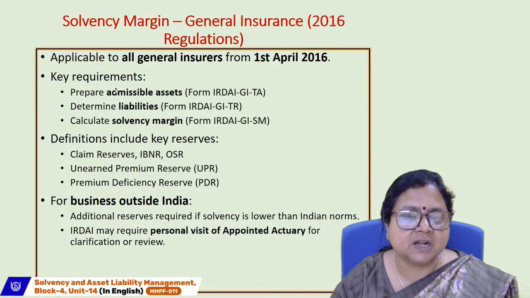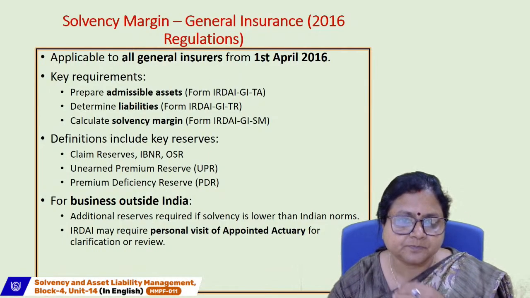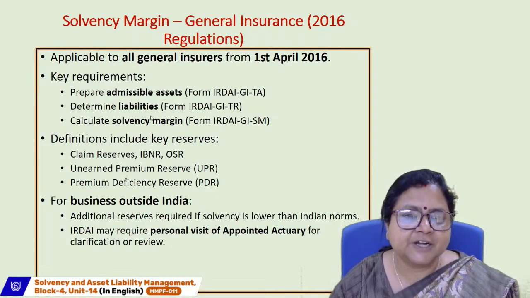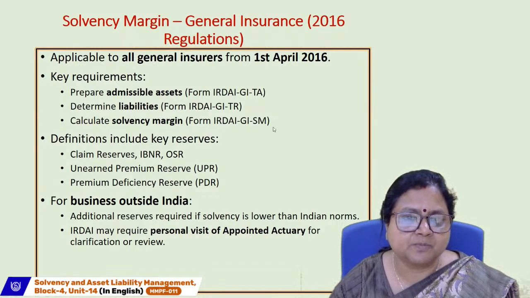The key requirements are to prepare admissible assets; there is a form for this, the IRDAI GI form. First you have to put your assets there, then determine the liabilities, which is another form, and calculate the solvency margin, which is also a different form.